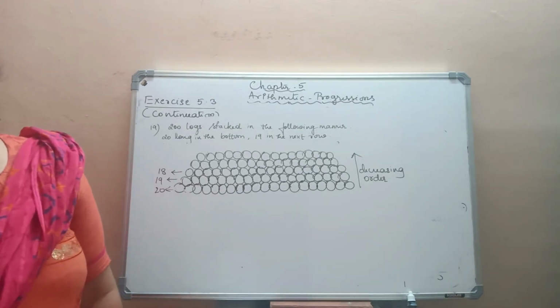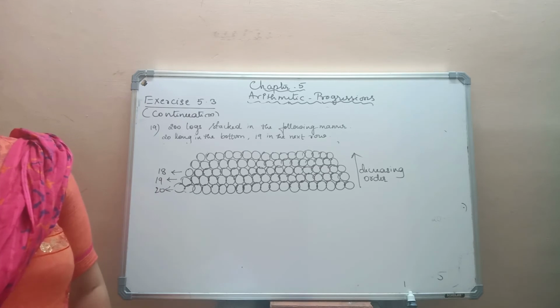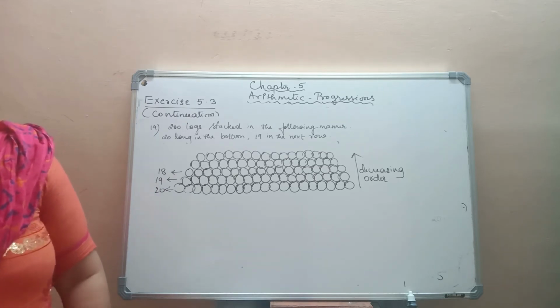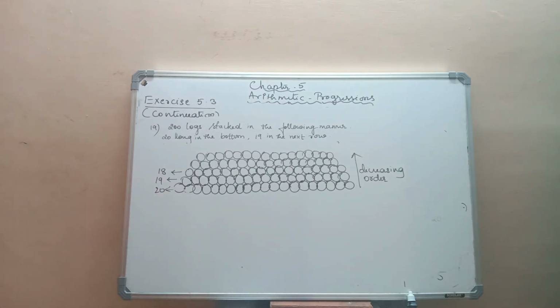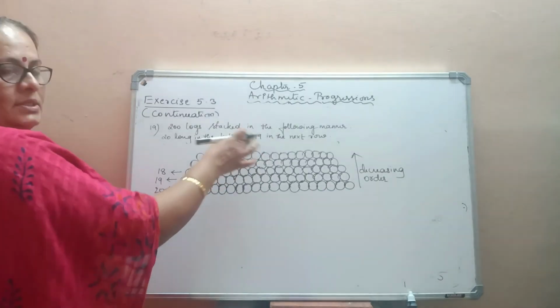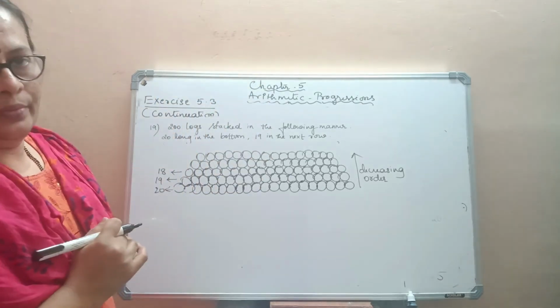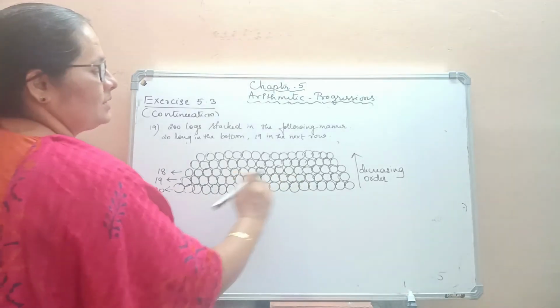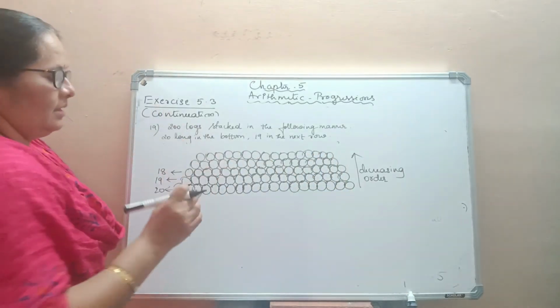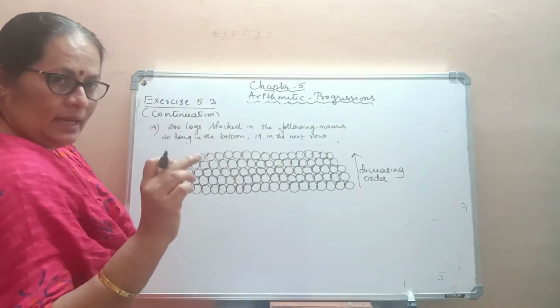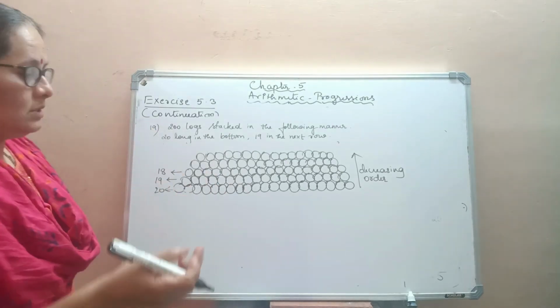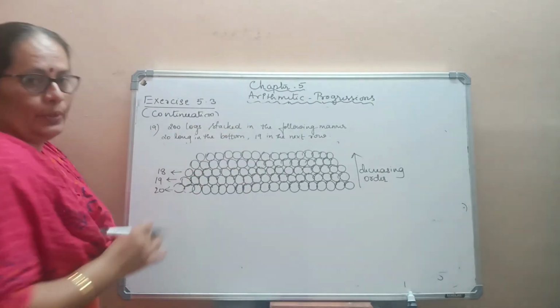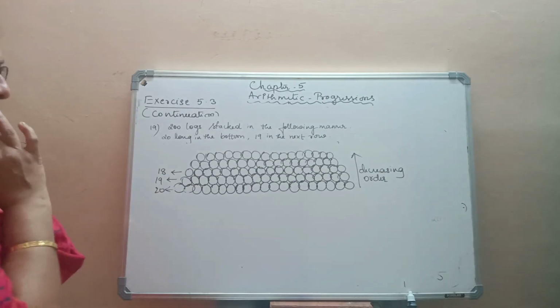Now, in how many rows are the 200 logs placed and how many logs are in the top row? You have to calculate both: the number of rows n, and how many logs are in the top row.